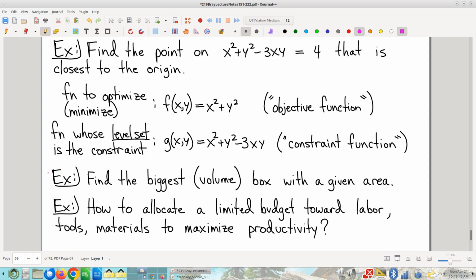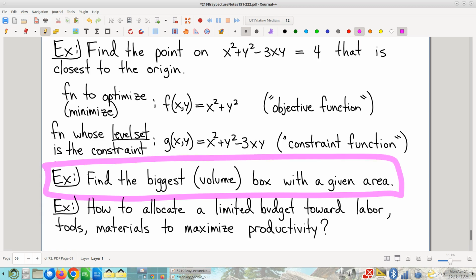This question right here, y'all may have seen questions kind of like this even in a single variable calculus class. You want to make the biggest possible rectangular box, but the thing is, we only have so much cardboard. We have to pay for the cardboard, right?